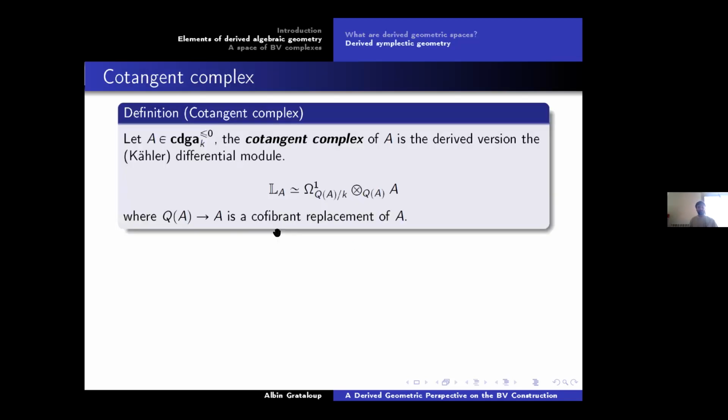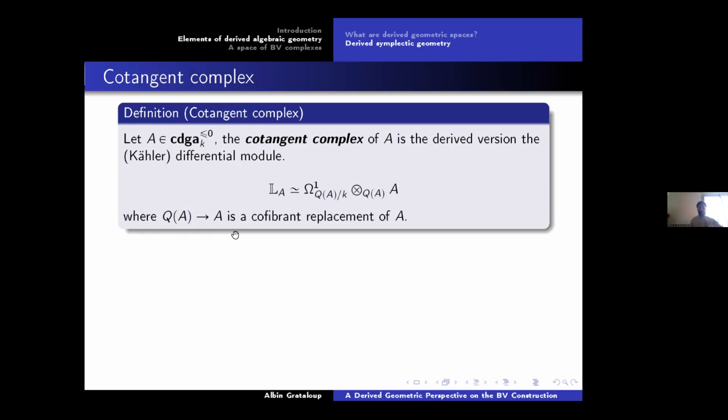First, I'm going to recall the definition of the cotangent complex, which I denote L_A, which is a derived version of the module of Kähler differential forms in the algebraic setting. It's as simple as applying Ω^1 to an appropriate resolution of A. Typically A might not be nice enough.